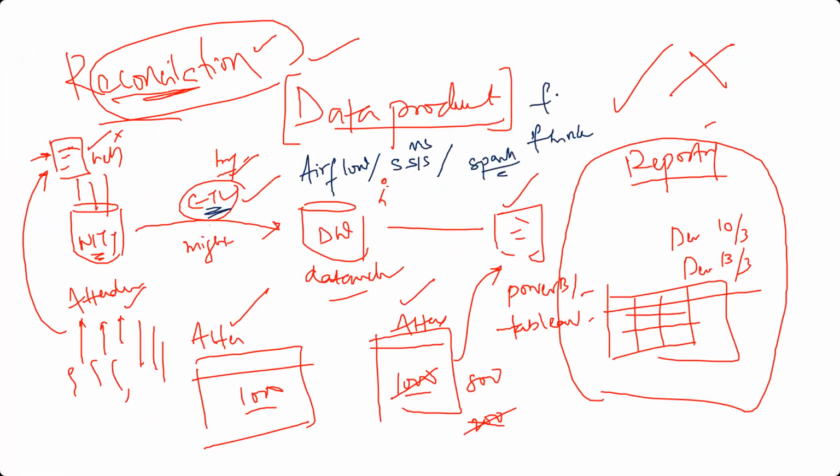Flink is one more tool, F-L-I-N-K, a batching software which will read the data from source and move the data to target. Now let's see how typical recon jobs are written.